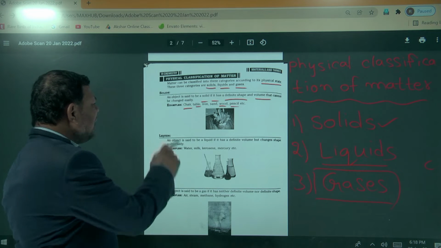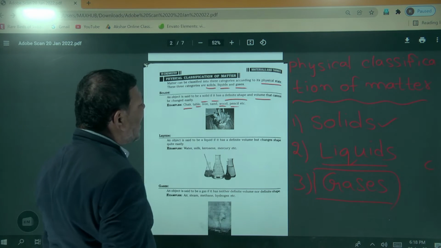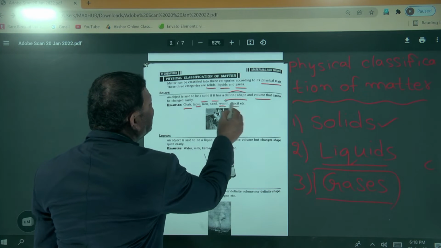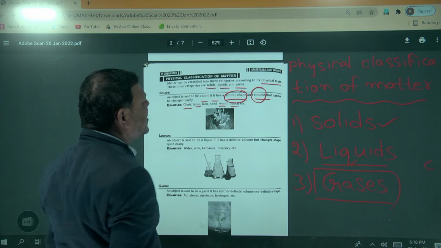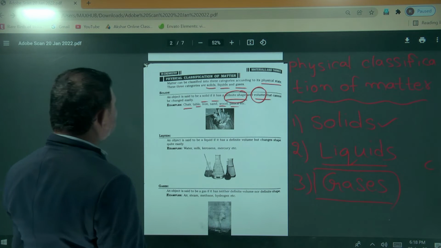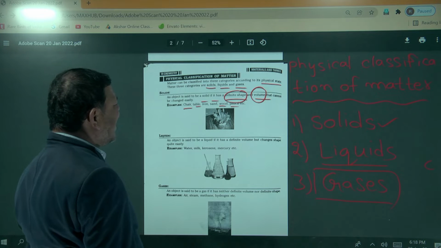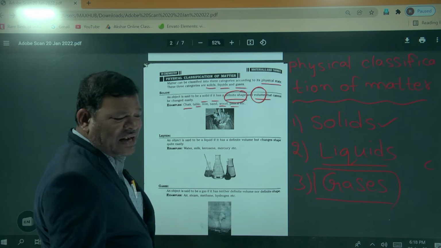Examples of solids: chair, table, iron, sand, wood, pencil, etc.